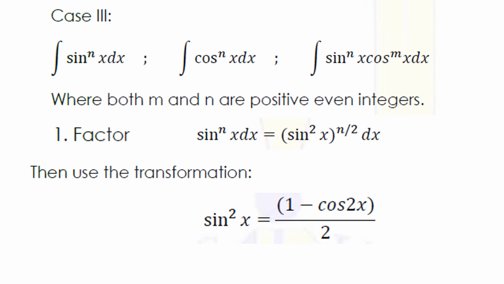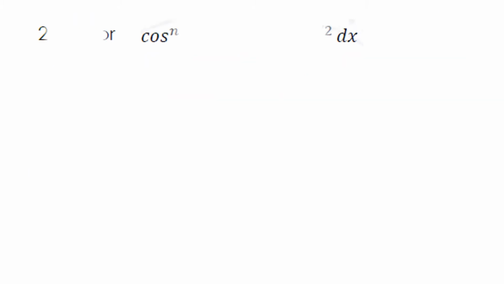We will be using the trigonometric identity or trigonometric transformation for sine squared x, which is equivalent to 1 minus cosine 2x over 2. What about if we wanted to simplify the cosine function whose exponent is also even? Well, it will still be the same. We will express cosine raised to n of x dx in terms of cosine squared x, provided the whole quantity will be raised to n over 2.